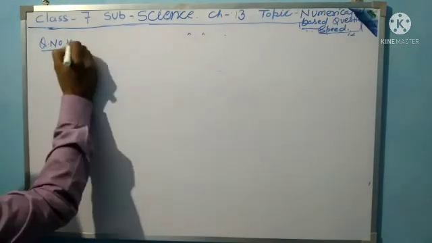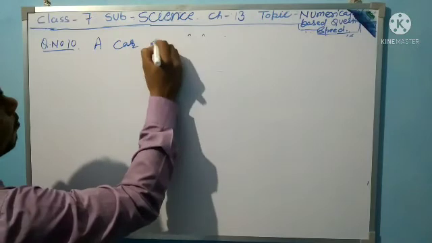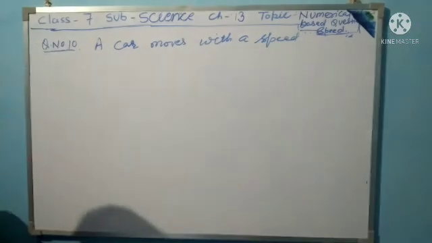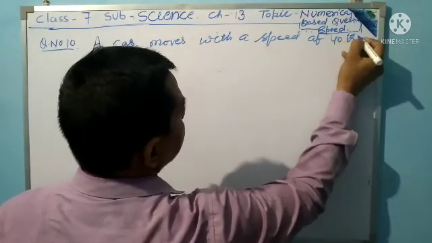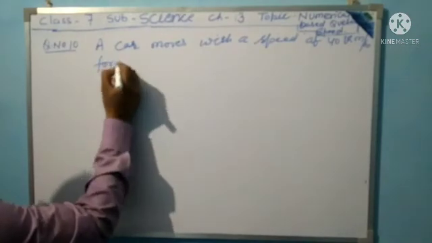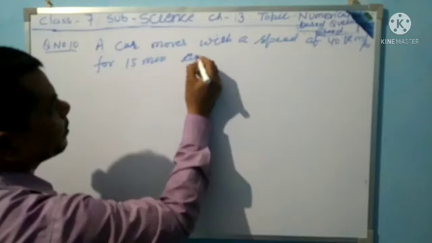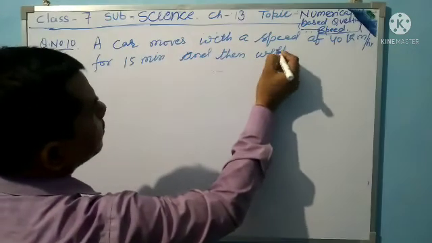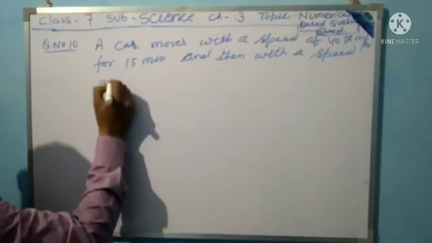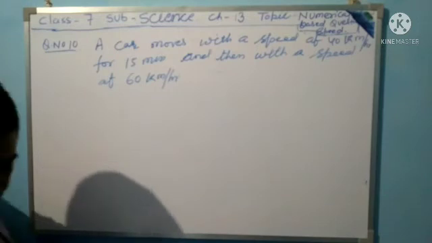A car moves with a speed of 40 kilometer per hour for 15 minutes, and then with a speed of 60 kilometer per hour for the next 15 minutes.